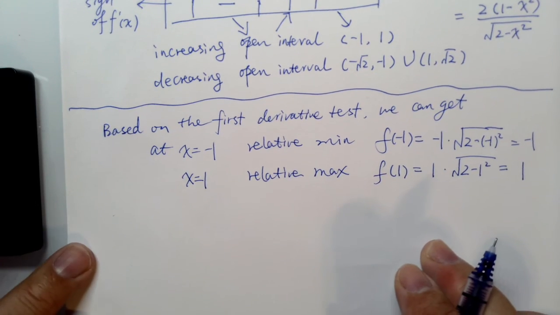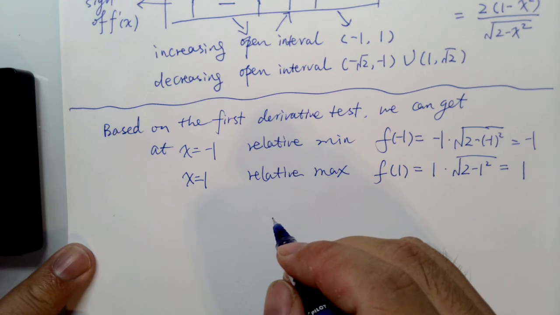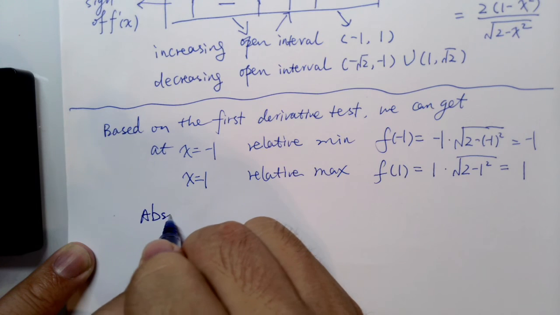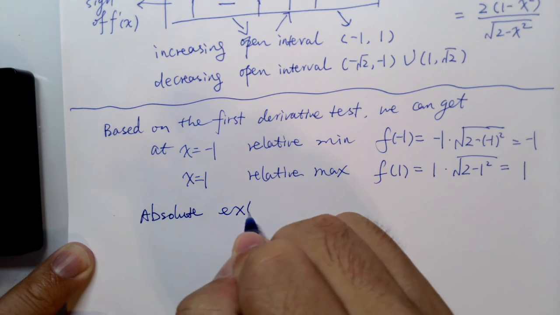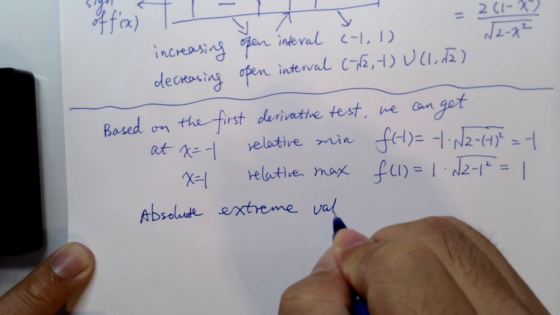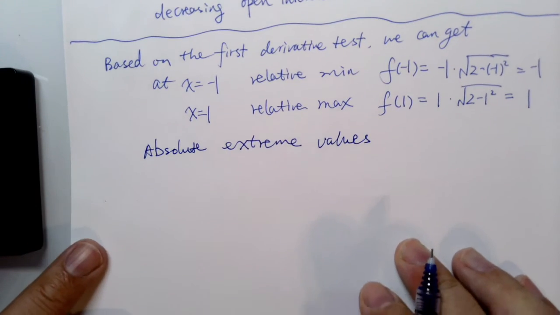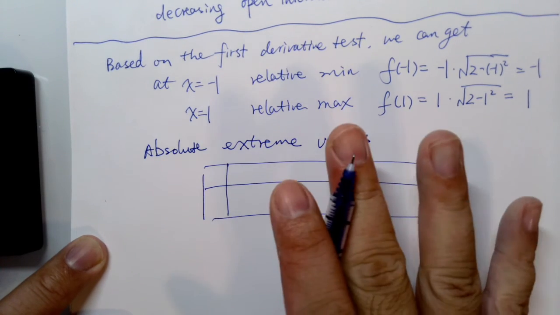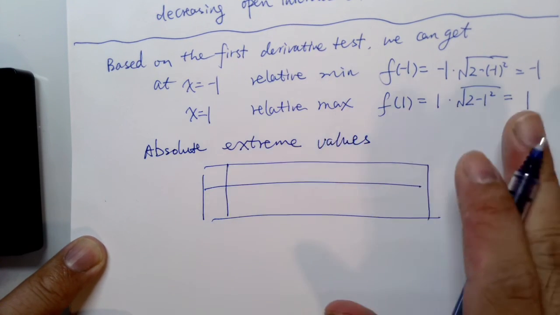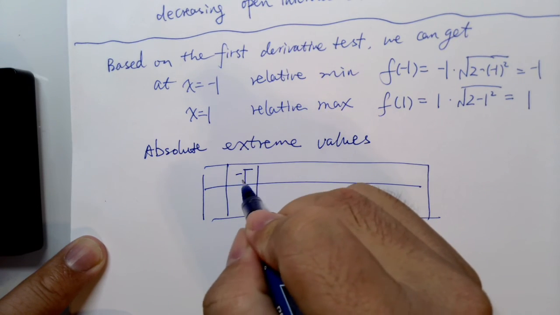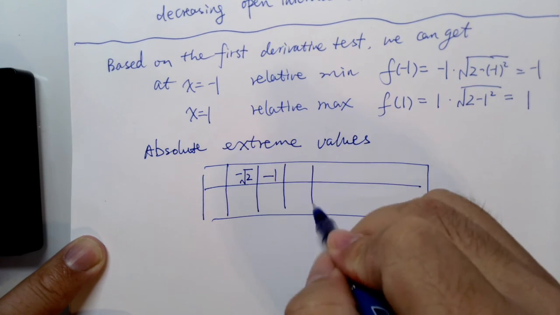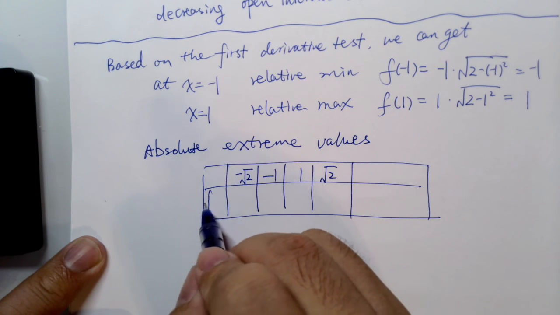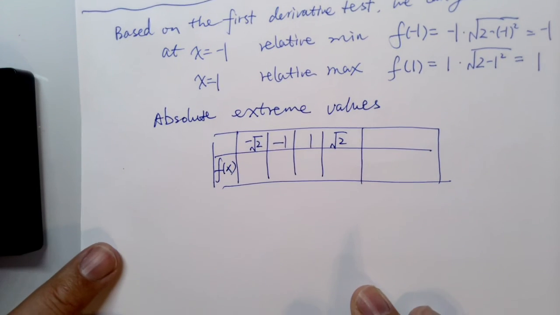And then lastly, we're trying to figure out the absolute extreme values. That's the last part. What we'll do is, remember, list all the critical points and all the endpoints, and the corresponding f values.